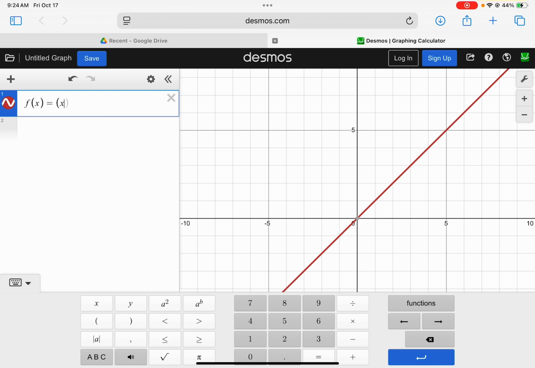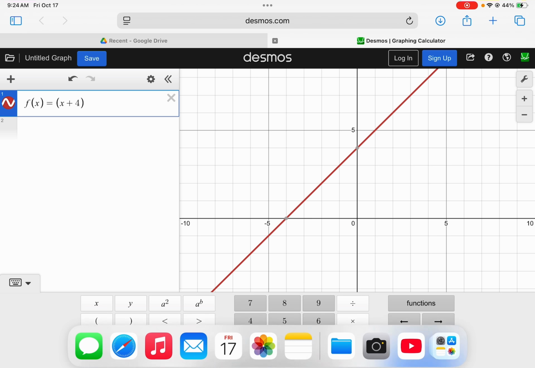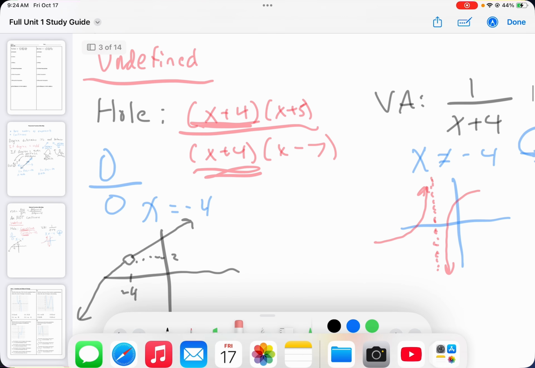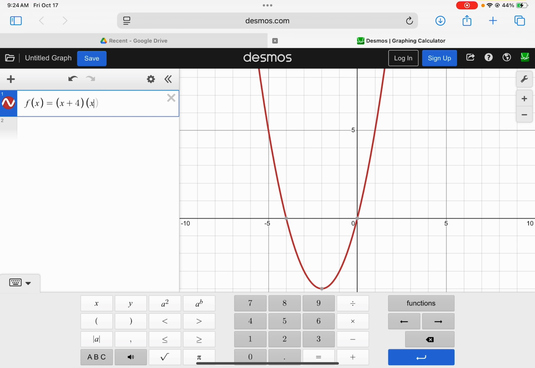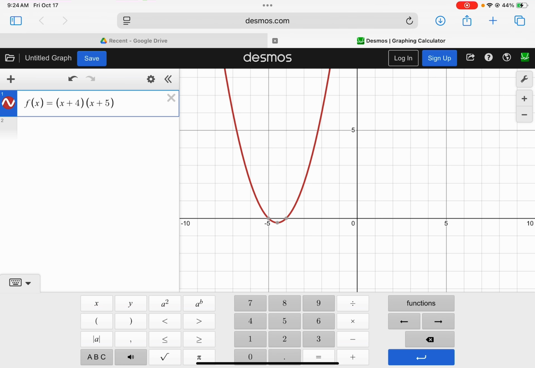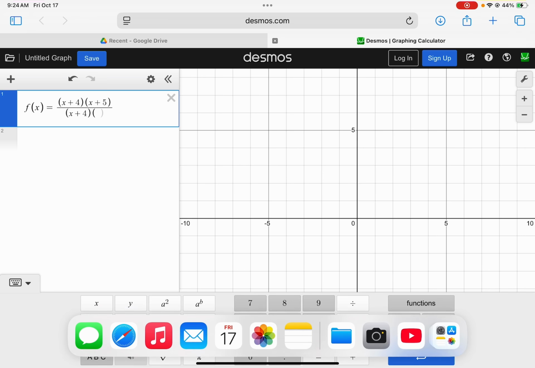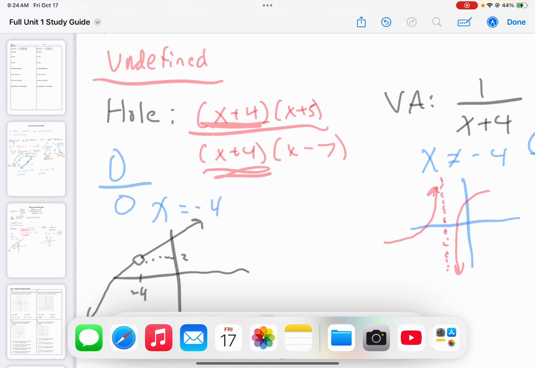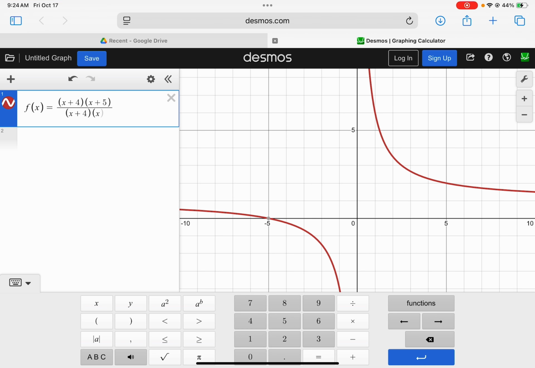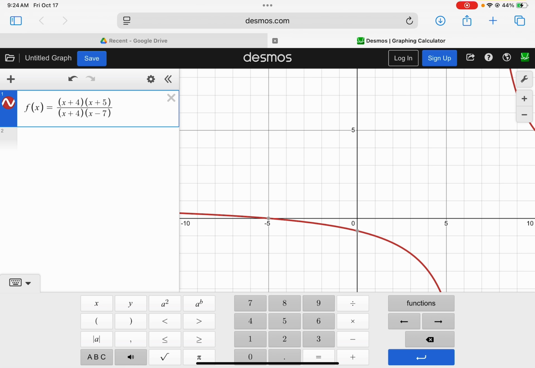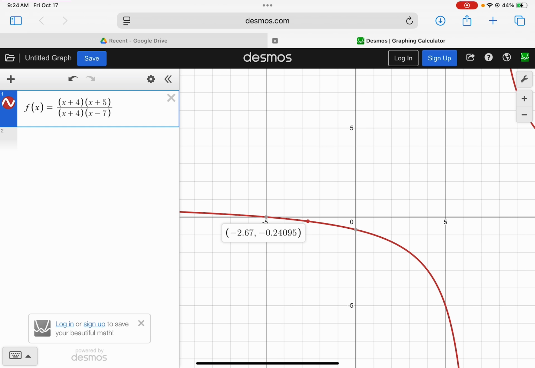Equals, x plus 4, what did I have? x plus 5, all over x plus 4, what was I multiplying it by? x minus 7. Now, I can see at negative 4, if I'm careful here, it says undefined. There's a hole there. All right?